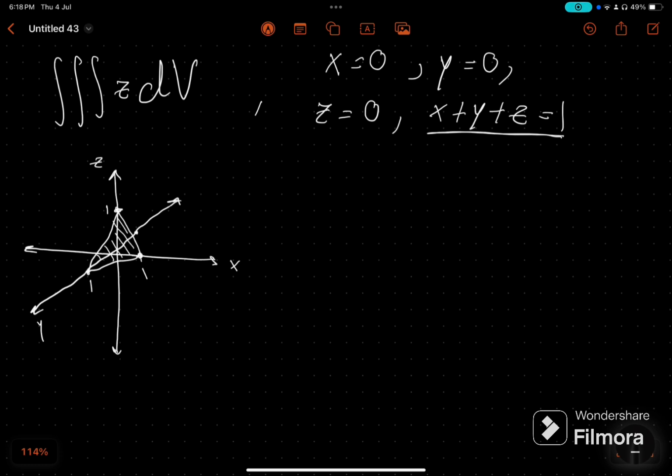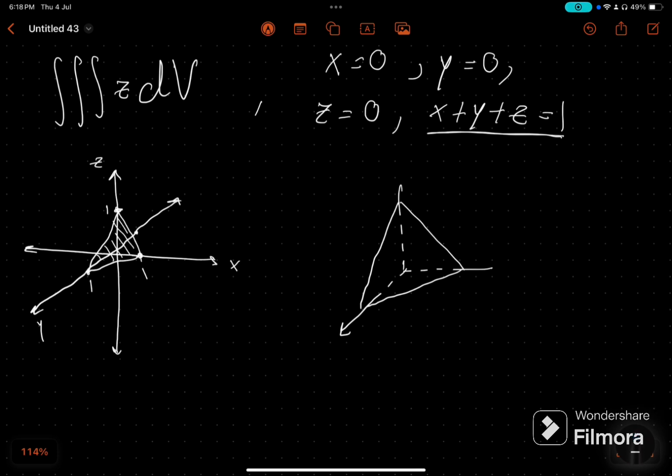And so it's basically something like this. So these are our axes. Now this is our tetrahedron, and these axes are just shown as hidden lines, so you can really see how it looks.